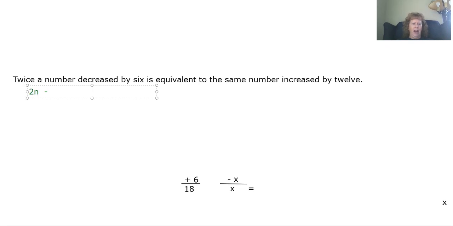Decrease, that means subtract, by 6 is equal to the same number that we don't know, increased by 12. So let me go to this side and make my unknown x so that they'll match, and then I'll move them closer together. See if you can arrange the two items I put at the bottom to complete the problem.